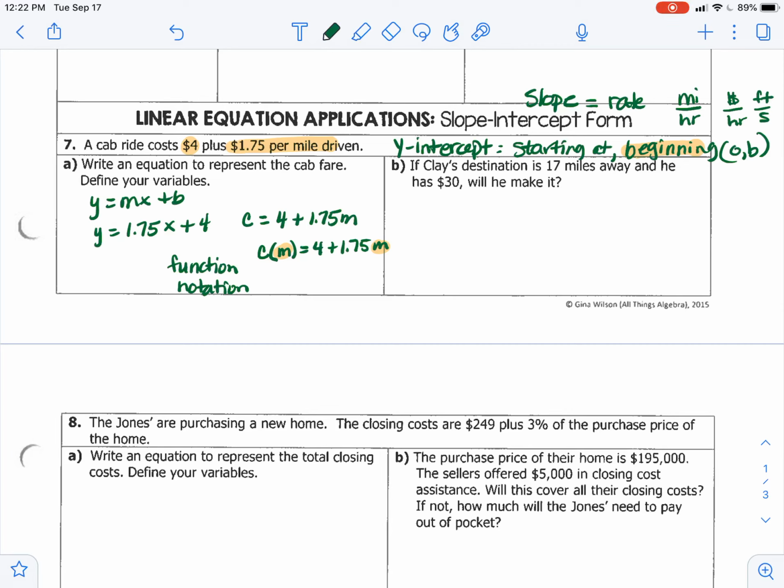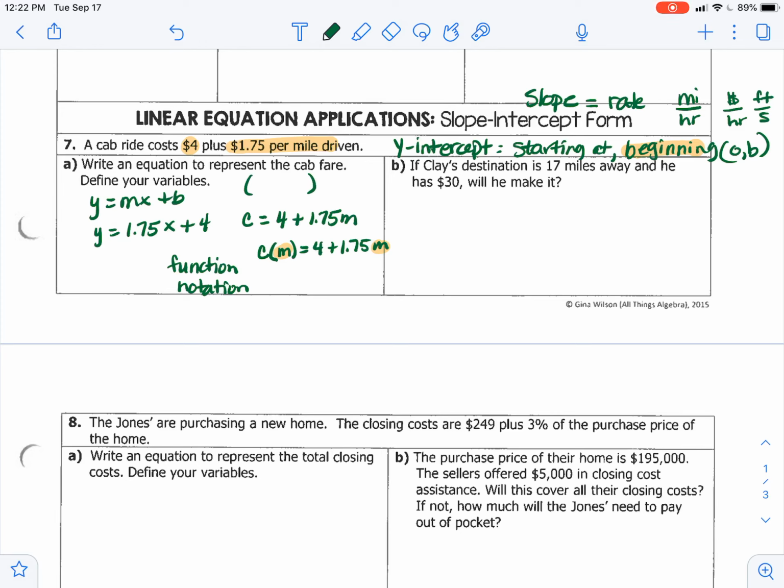So let's look at the next one and see what it gives us. If Clay's destination is 17 miles away and he has $30, will he make it? So that's referring back to A. And it is saying 17 miles. In this problem, let's talk about what is my x and my y.